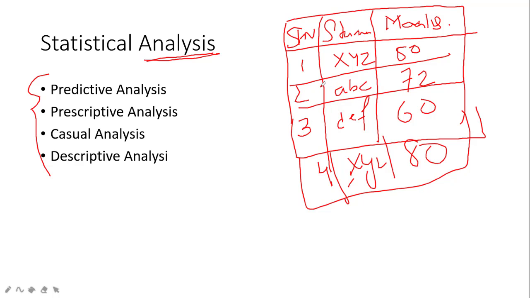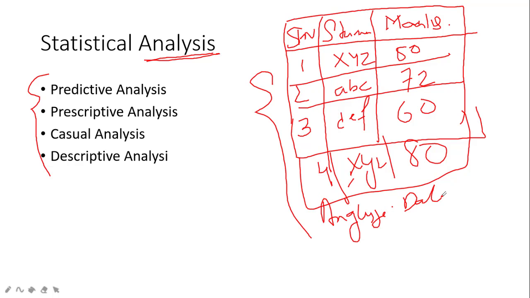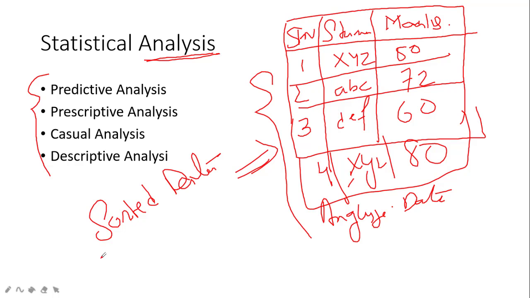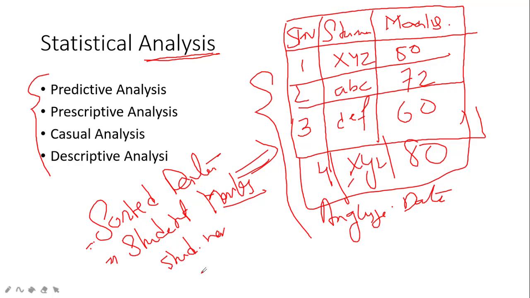So if we analyze that, the first thing is you just want to analyze the data. This is my data. First, what I observe is that this is sorted data. This is students' marks data, where I have student name, serial number or ID, and marks, right?